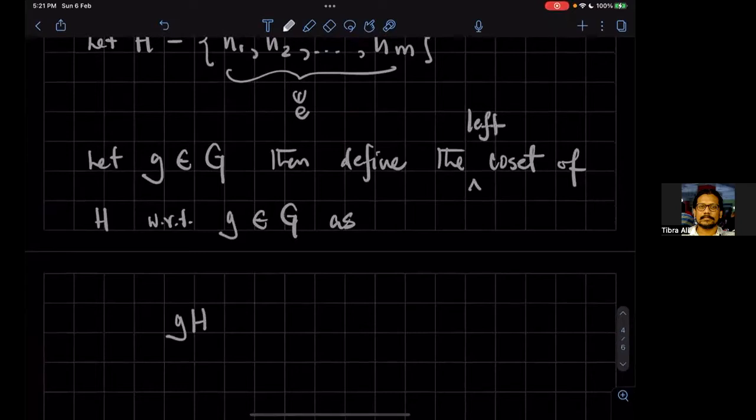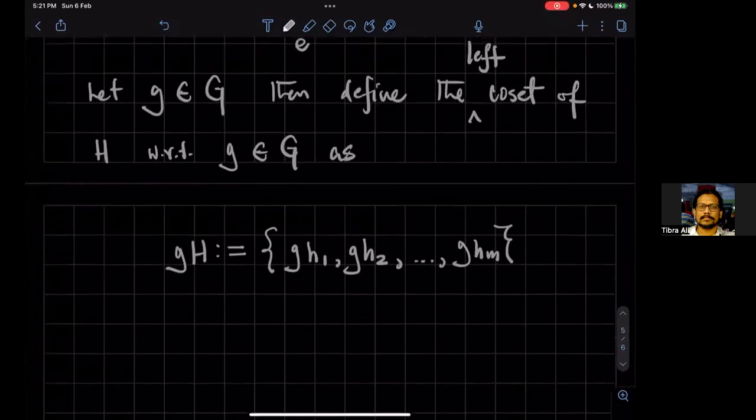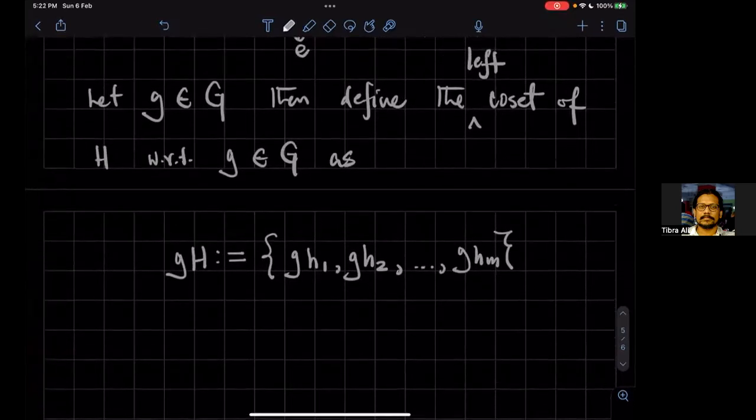I sometimes get those things confused, but it doesn't matter very much. So the left coset is the set which consists of that element g multiplying all the elements of H. So this is called the left coset.